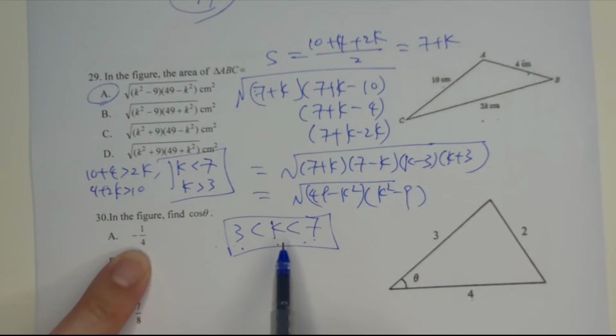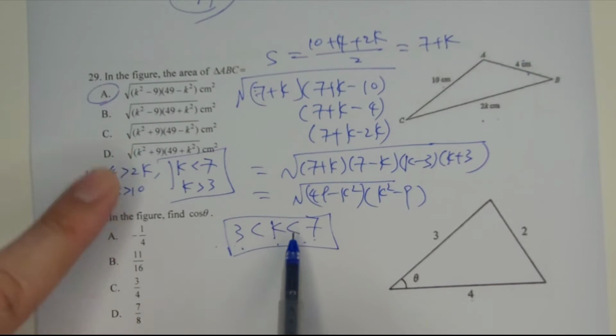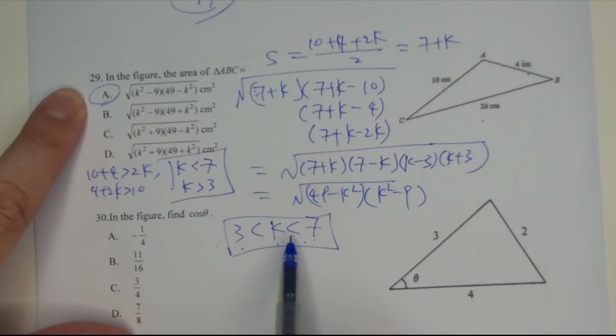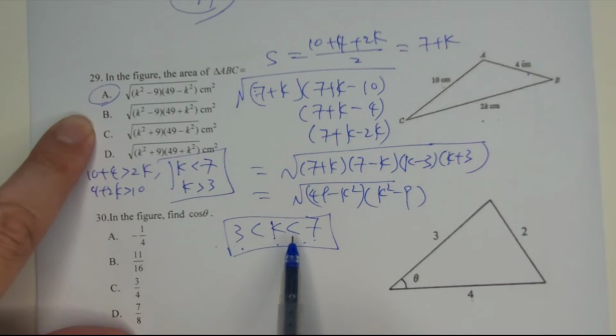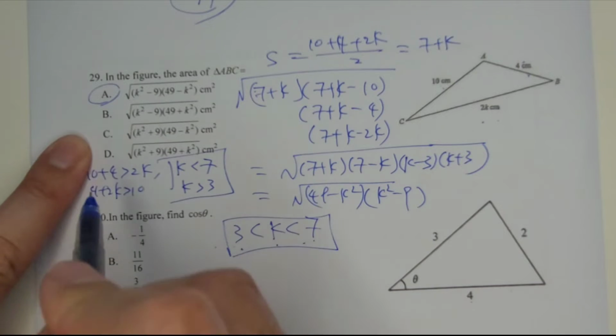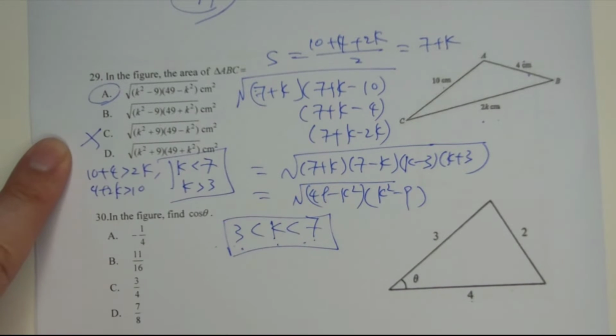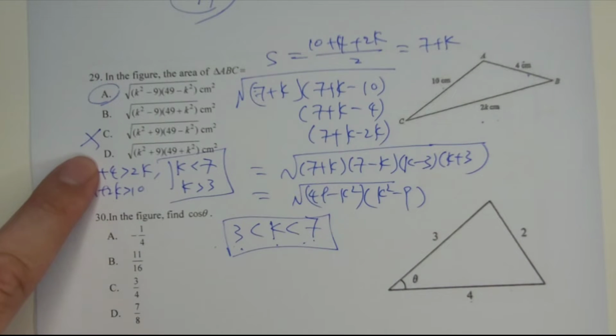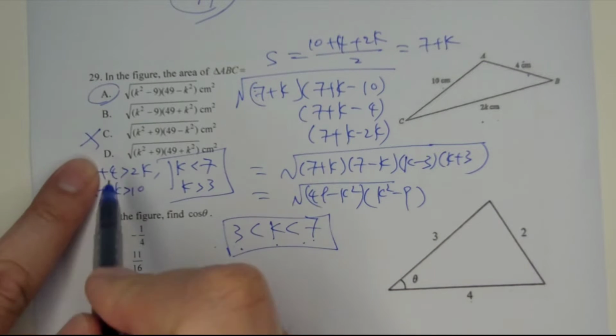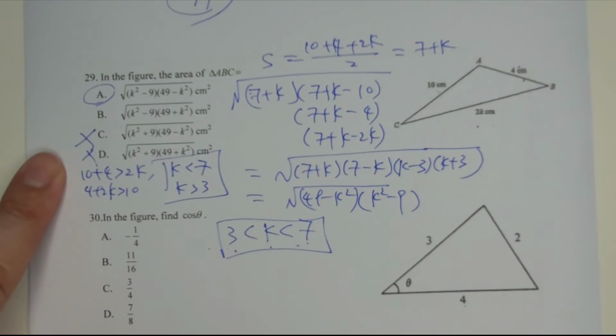So we can try to substitute some value which does not lie in this range, for example, k equals 2. When you substitute k equals 2, A cannot be obtained, B could not be obtained, but C could be obtained. So C is not the option. And D, when you substitute k equals 2, you can find the area. That means D is not the option.